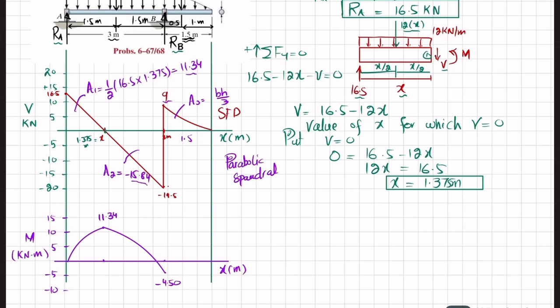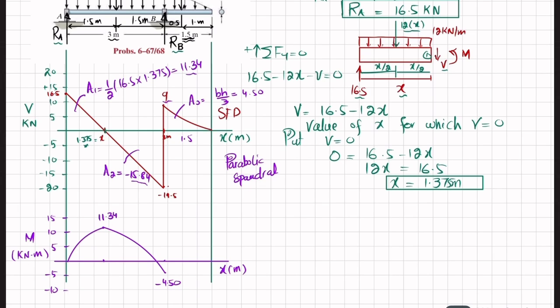When you calculate it, you will get this area will be equal to plus 4.50. So minus 4.50 plus 4.50 will bring it to 0. And you can see this is a second degree curve, so the bending moment will be third degree, and it will be like this.